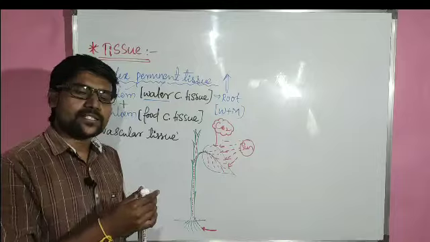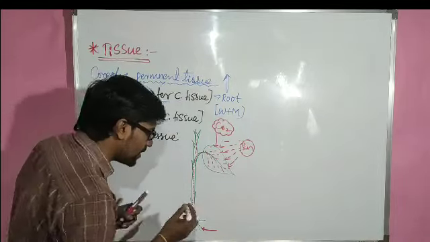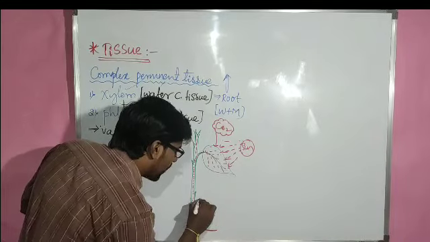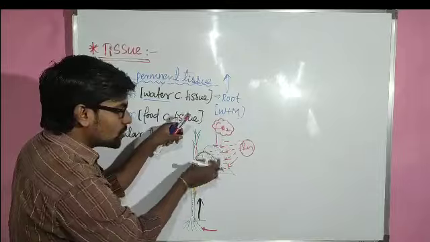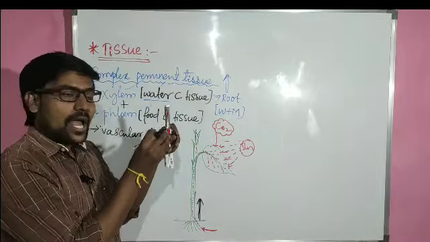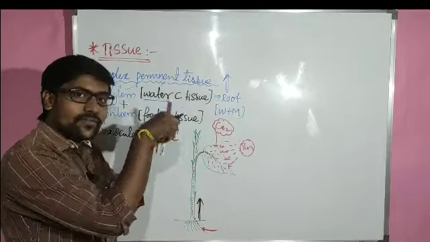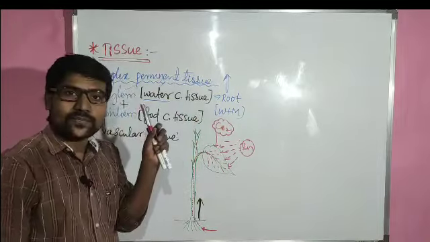Now the question arises: in which direction is the water moving here? Upper direction. Once the water moves upward, if the water used by this portion is over and a large amount of water still remains, that excess water cannot come downside.